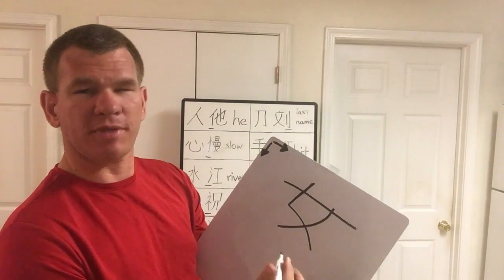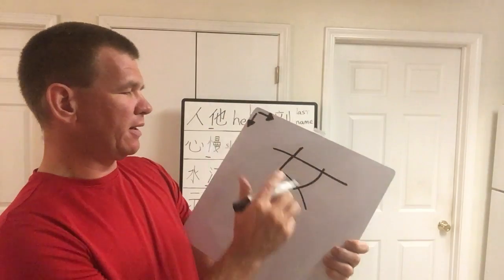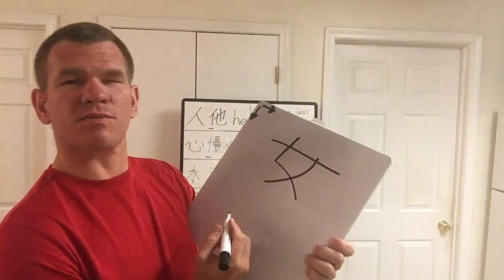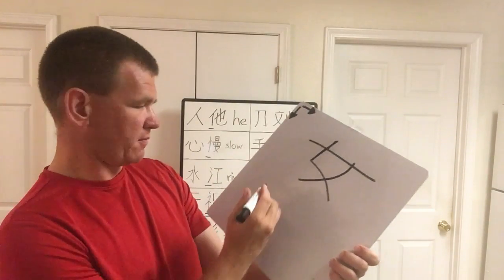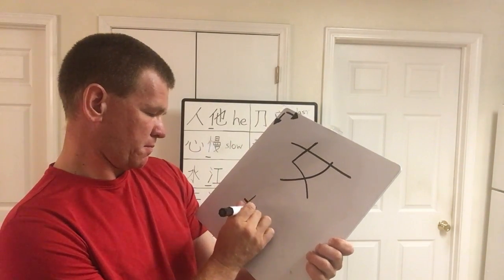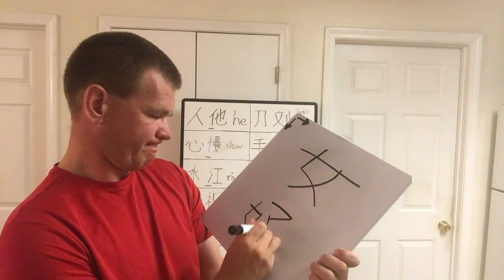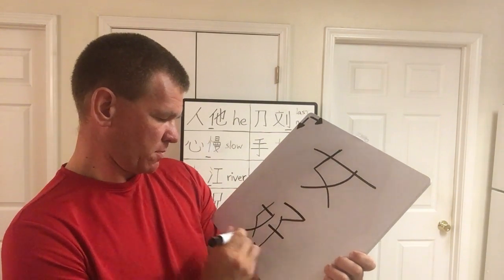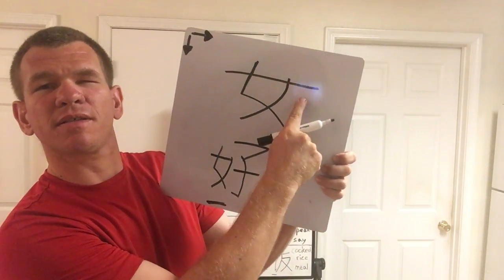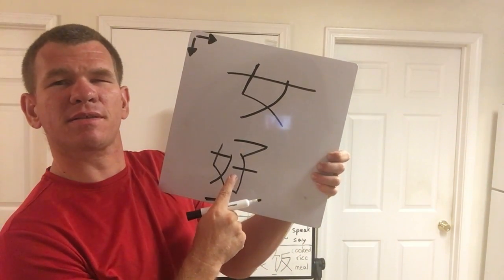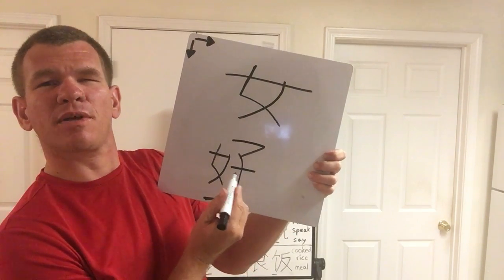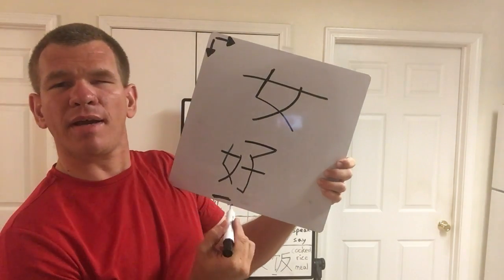So this we've done before. It's a really hard one to draw, really. So this is female or girl, but when it's with another character, it's on the left. You see how there's extra on this, but on this radical, it doesn't overlap and go past the line on the right.